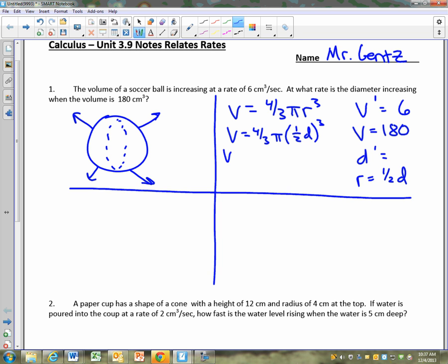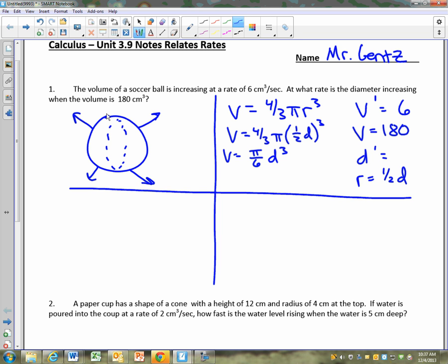So we get volume is equal to, what's 1/2 to the 3rd? Times 4/3. Now 1/8 times 4/3. What's 4 over 24? So we got pi over 6 times d to the 3rd. That's our formula for volume in terms of d for this problem.